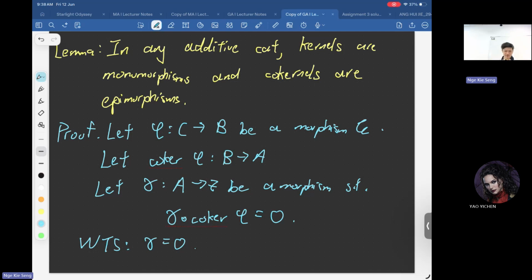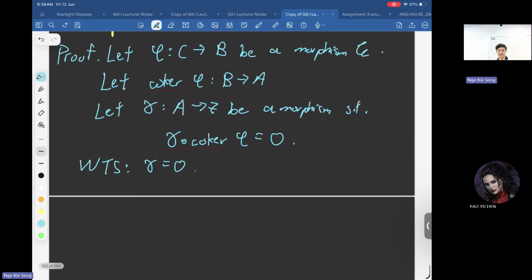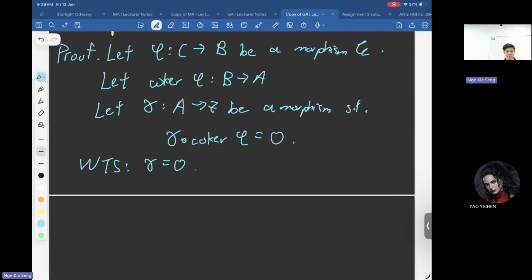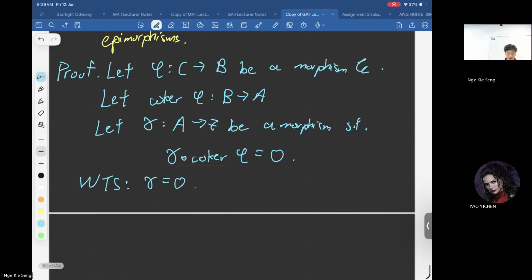Let's write down the commutative diagram we had. We got C to B and then B to A. Here's the co-kernel of phi, and here's phi.